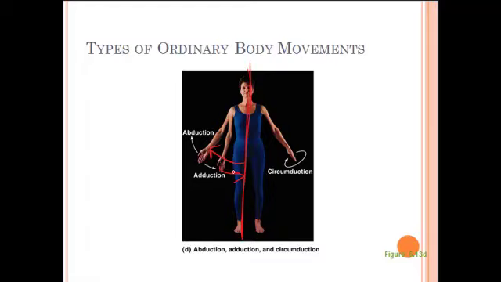It's a combination of a lot of movements. It's a combination of flexion and extension, abduction and adduction. This is where you're moving your hand in a circle. So if you put your hand out to the side and move that hand in a circular motion, that'd be circumduction. Circum meaning that circular movement. So you have abduction, adduction, and circumduction.